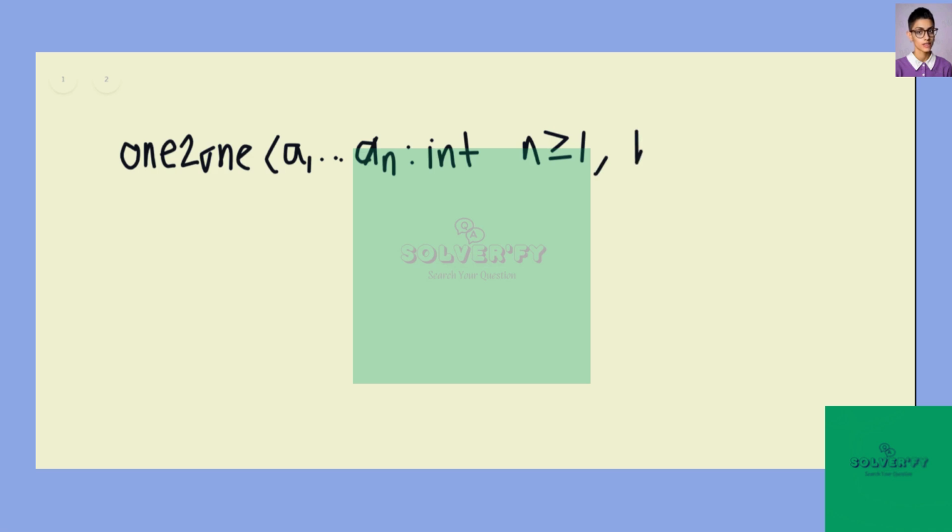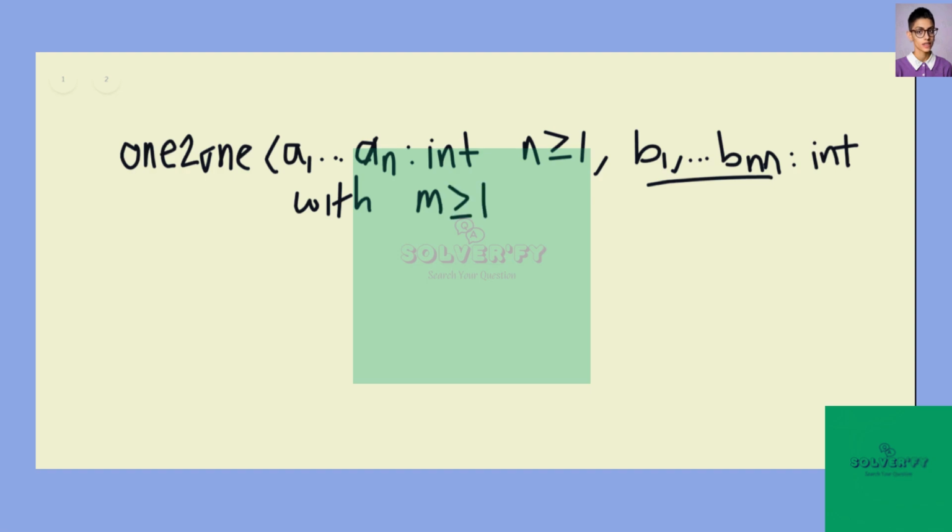We also have our output list. And so this is sort of what f(a_1) or f(a_2) is going to be equal to, something in this list. Okay, also integers, and with m also being greater than or equal to 1.